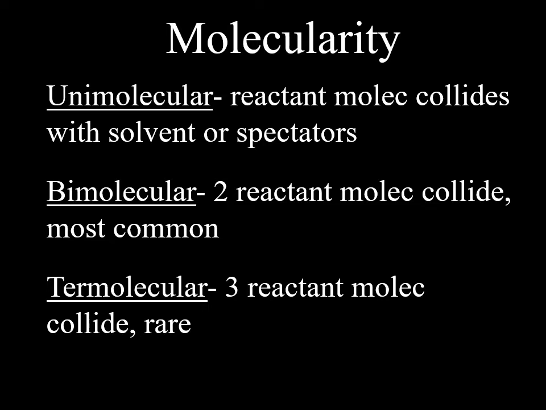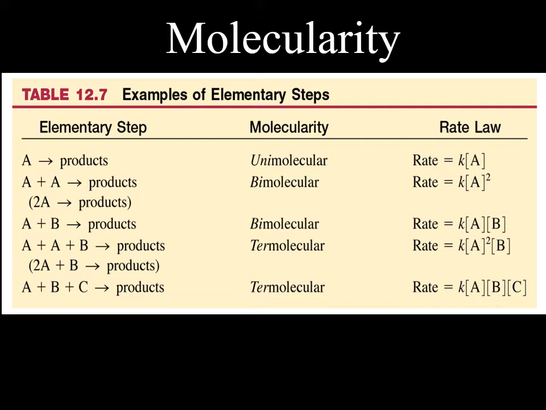That's fairly rare. I got this table out of, I think, Zumdahl, not Chang, so you're not going to find it in your textbook. So pause here and take the time to actually look at what it's saying. I'm not going to read the whole thing because that would be incredibly boring. But look at the elementary steps. Look at how they're categorized as unimolecular, bimolecular, or termolecular, and then look at how the rate law they've written relates to the elementary step that they've shown you.